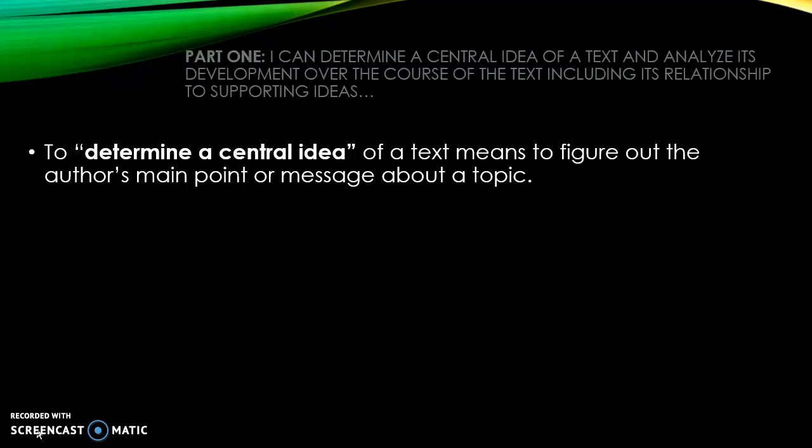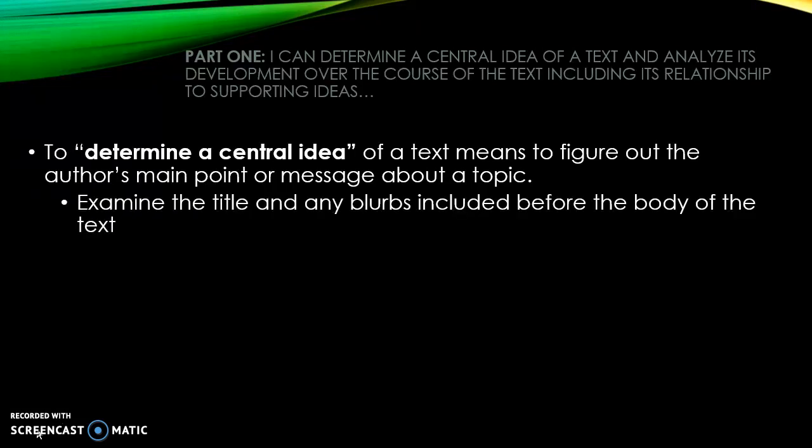So you're going to determine, and determine means to figure out, the central idea. Central idea is basically the message that the author is trying to get out. What are we going to do? How do we do that? Well, we're going to start with the title. What are the key words in the title? You're going to circle the keywords in the title.